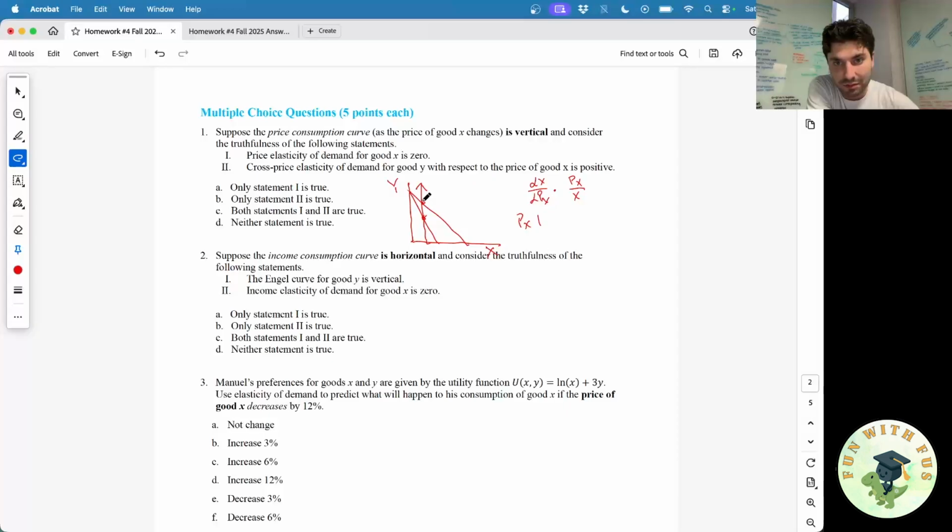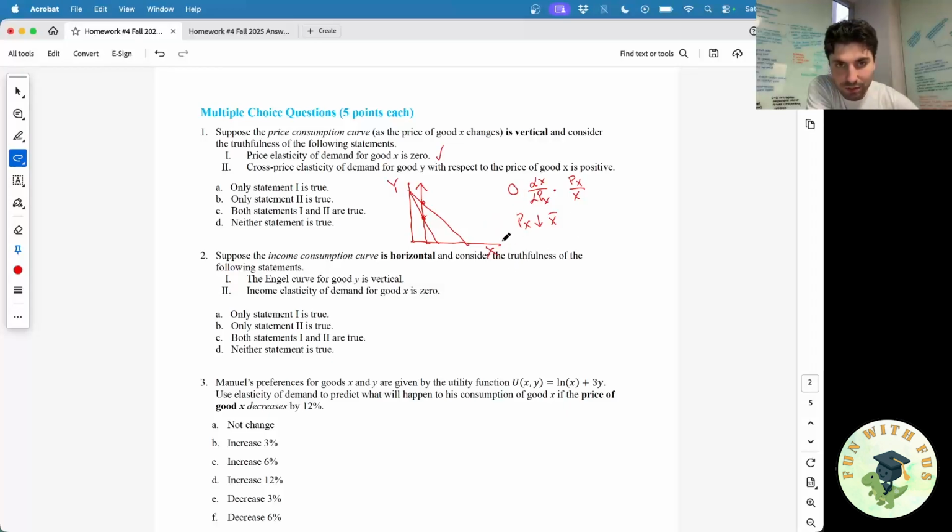So going from this thing to this thing, maybe I'll just say decrease, because I normally like to think about it going outward. But the price of X decreased and X stayed the same. So I think that would mean that this derivative is in fact 0, that this price of X had no change on X. So the price elasticity of demand is in fact 0, because this thing is 0.